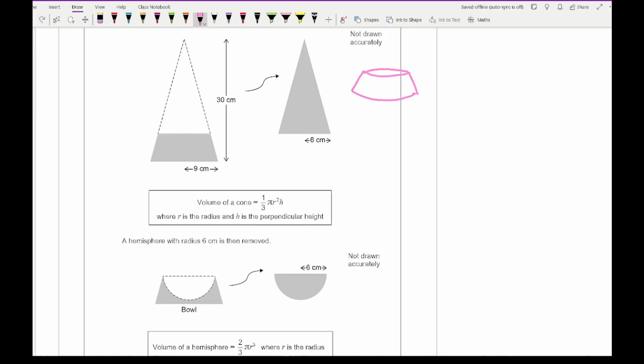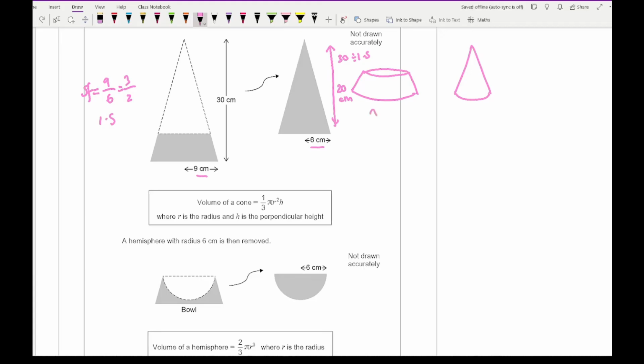First of all, I need to work out the length scale factor. That's going to be 9 divided by 6, which is 3 over 2, which is 1.5. Then to work out this new height, it's going to be 30 divided by 1.5, and that's going to be 20 centimeters.